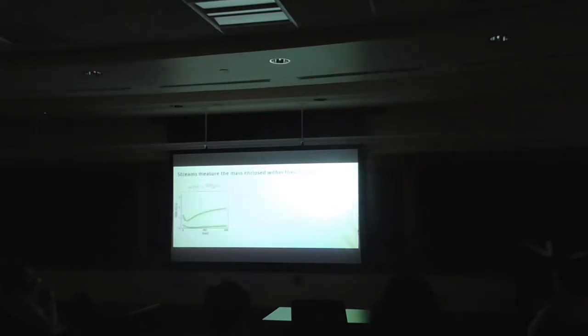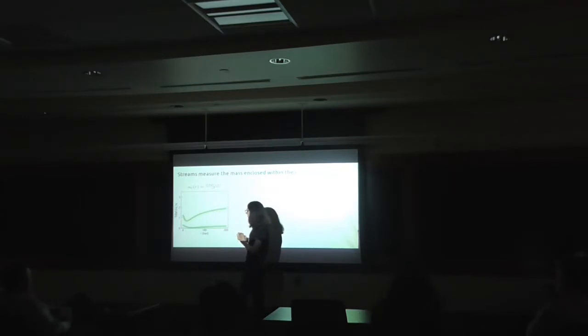The radial acceleration you can think about as something like the enclosed mass. And I'm showing here for the two streams how the relative precision in radial acceleration changes as a function of distance or position in the galaxy.